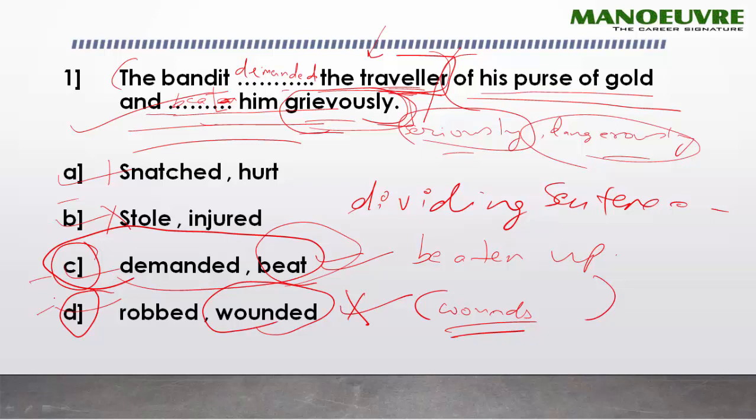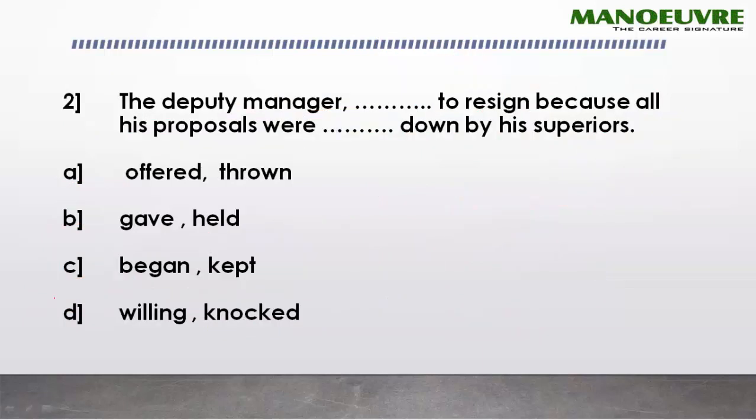Now similarly, we can go to the second example, which has another trick which we can use to come to a particular conclusion. The sentence here says, the deputy manager dashed to resign because all his proposals were rejected. I'm sorry, rejected is not mentioned, but let us assume, right?